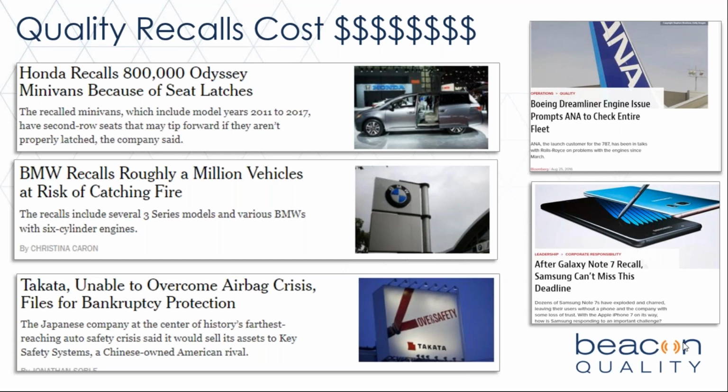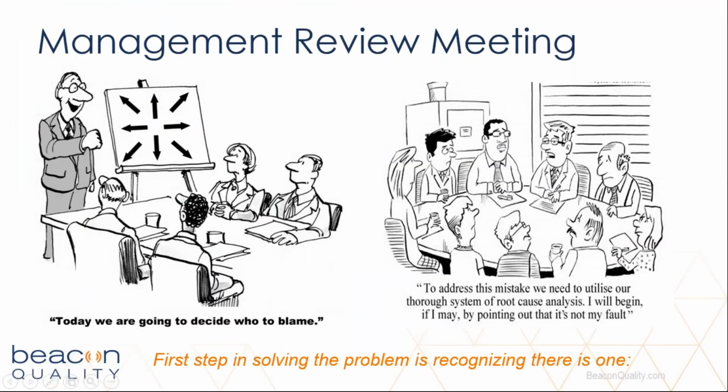Sorry for the confusion on some settings up here. If you go to the next page, that's one of my favorite pages, which says management review meeting. Any management review meeting we go to, the first thing we look at is who to blame. That's the number one thing.